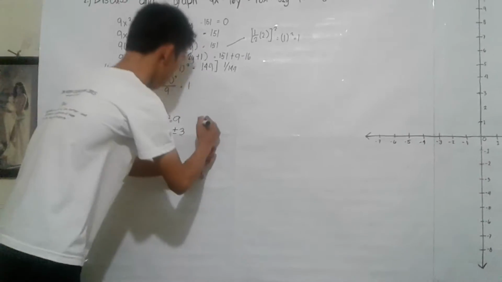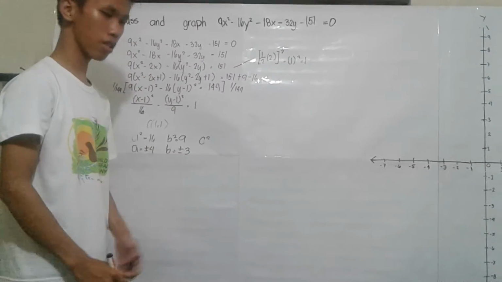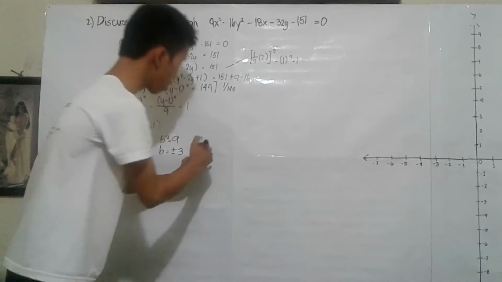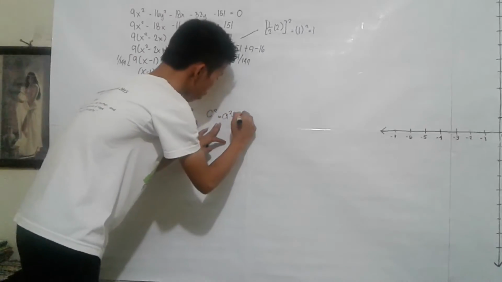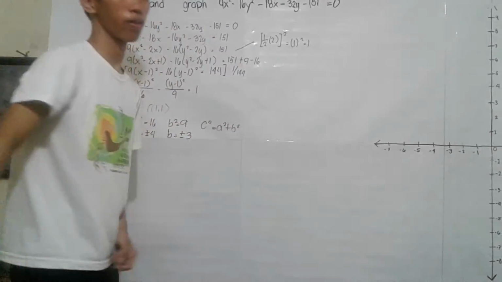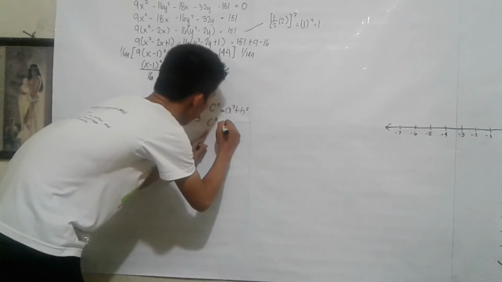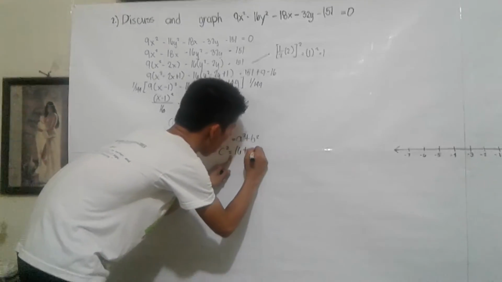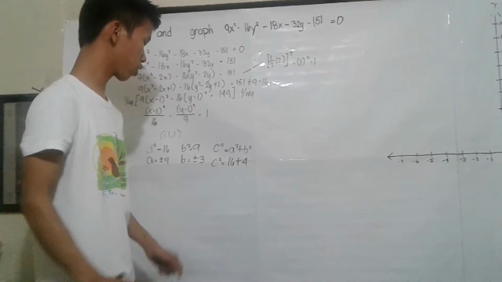Next is our c. So our c is not given, so we use the formula c squared is equal to a squared plus b squared. Then do the substitution. So c squared is equal to 16 plus 9. So 16 plus 9 is 25.